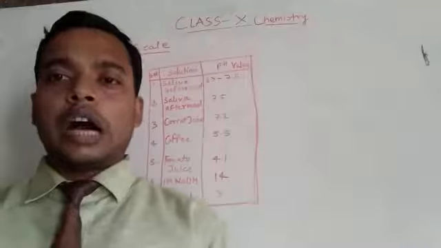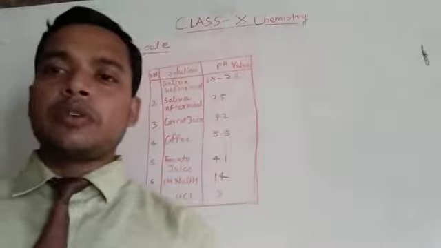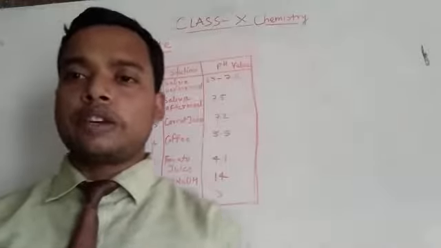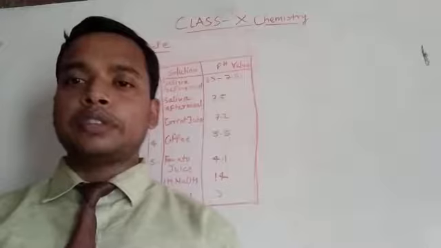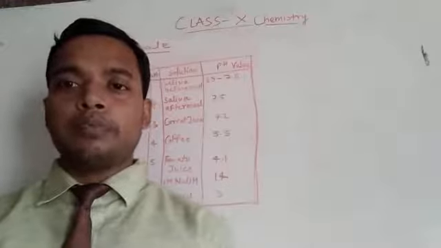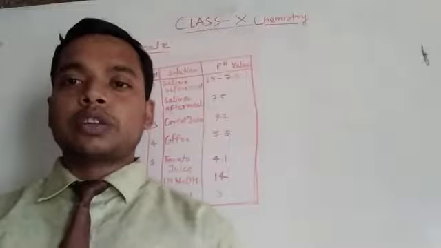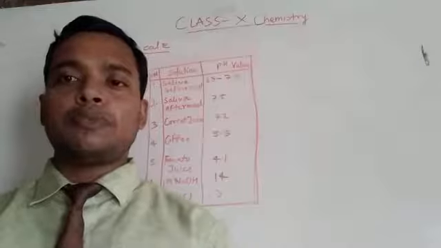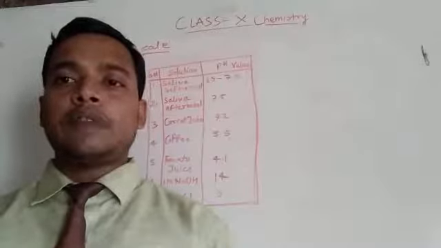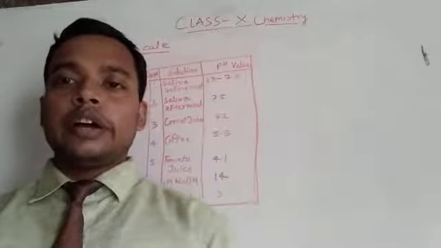The pH range of our blood is 7.34 to 7.48, which is a very narrow pH range, and all life activities inside our body are performed by the blood, which carries oxygen, carries carbon dioxide, and carries food materials throughout the whole body from our stomach, along with hormones and other chemicals.